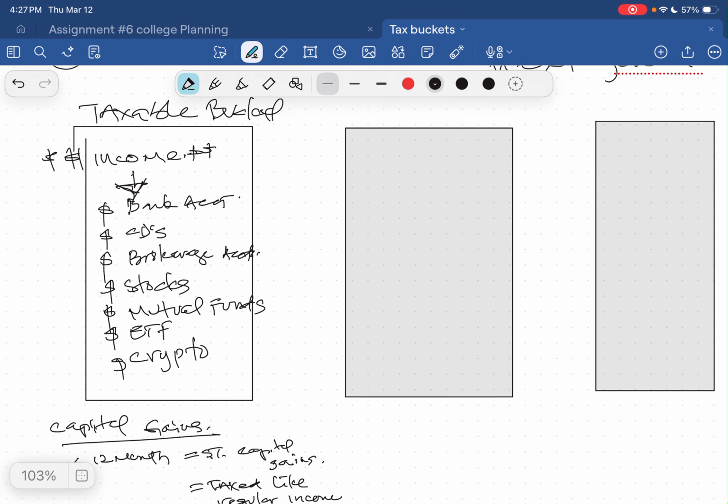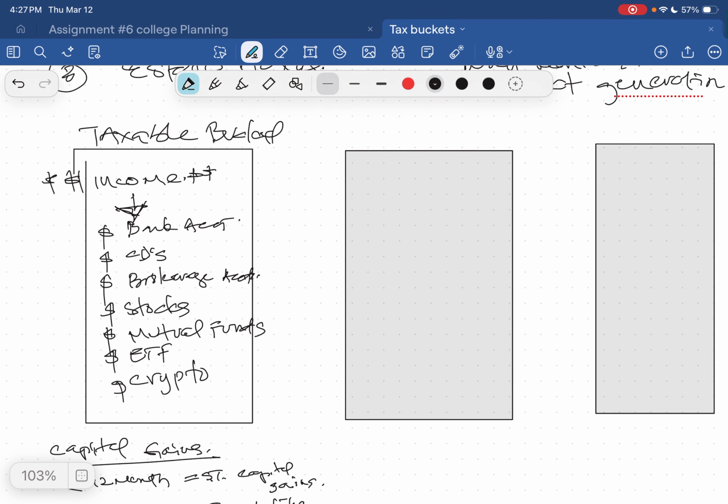The second bucket that we're going to talk about is the tax-deferred bucket. This is where money goes before taxes are even taken out. So when you make money from your pay, before taxes are taken out, this chunk of money goes right in here.